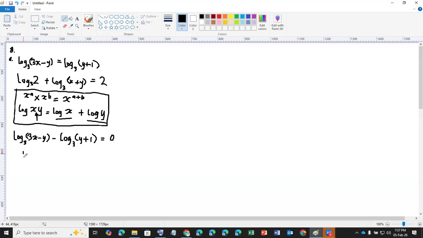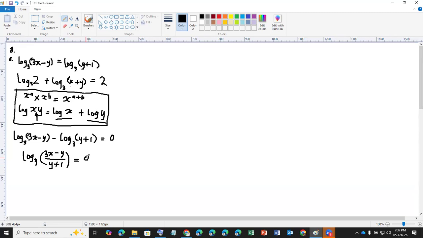Okay, so this left hand side, I can rewrite as log to base 3 of, since 3x minus y is on the left hand side, it will be on top, and y plus 1 underneath. So all this is equal to what? 0.